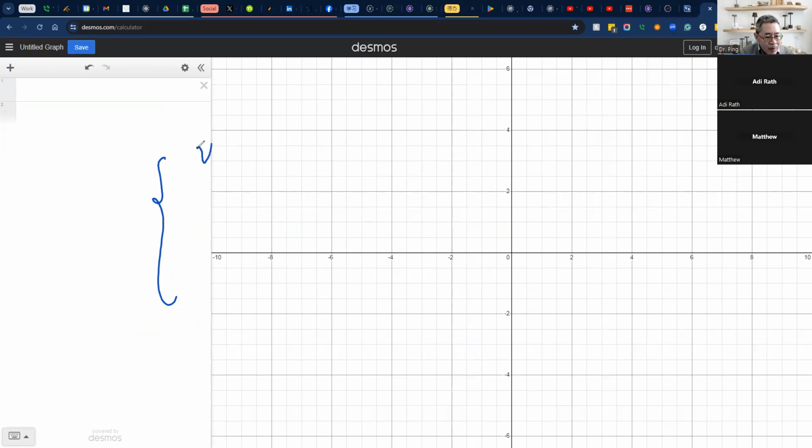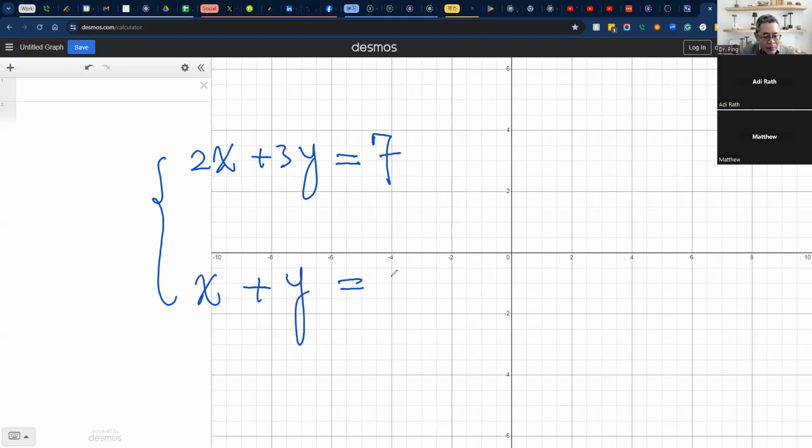So normally when we say a system of linear equations, we use this kind of form: x + y = 1. This form is called standard form.